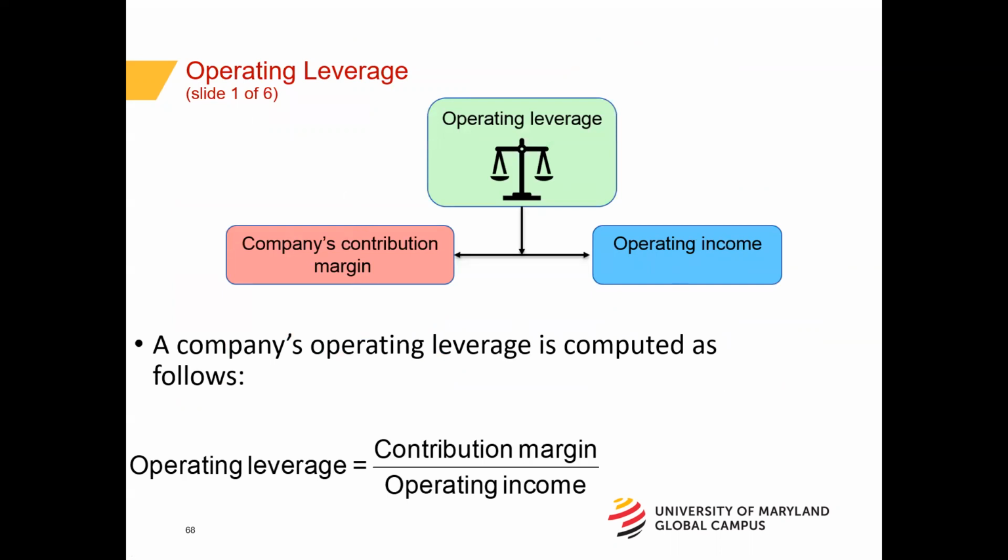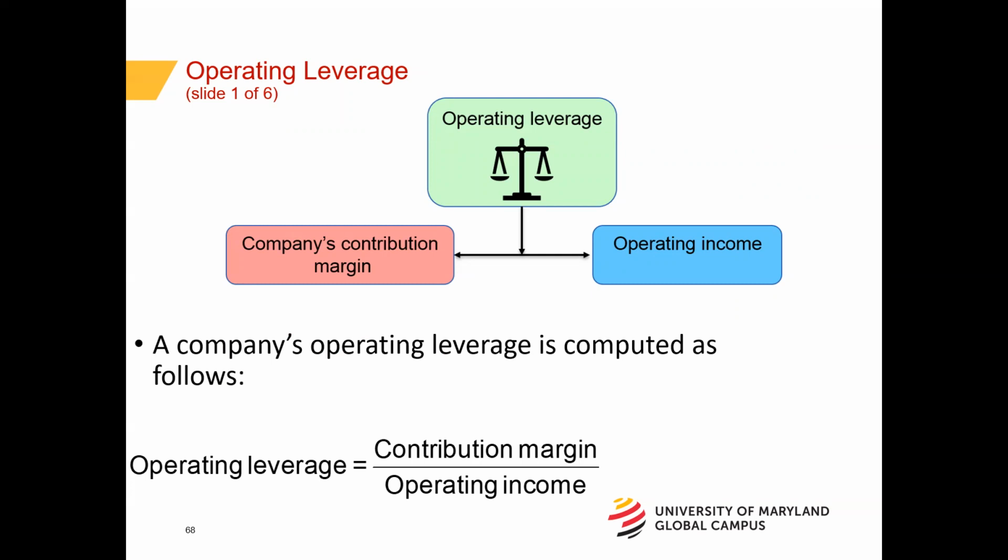One of the last concepts we'll cover today is called operating leverage. Leverage is really important to understand because it tells us how well we are utilizing our contribution margin and our operating income.